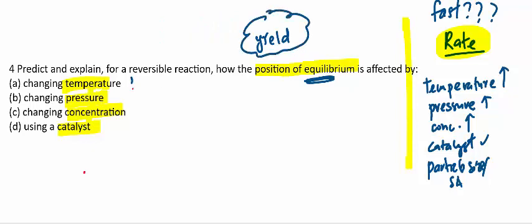So factors affecting the yield: 1, 2, 3, 4. Factors affecting rate: 1, 2, 3, 4, 5. And this one you already know. High temperature, high rate. High pressure, high rate. High concentration, high rate. Catalyst, high rate. Particle size is small, the rate is high.